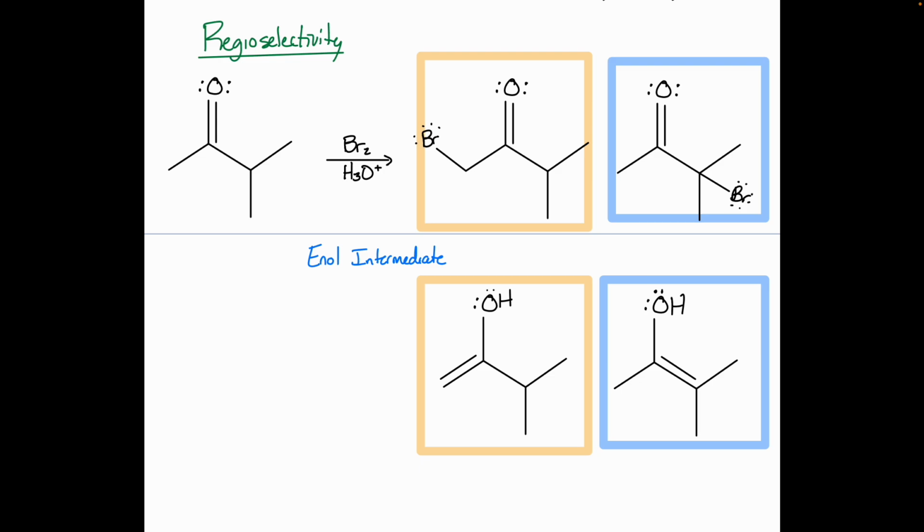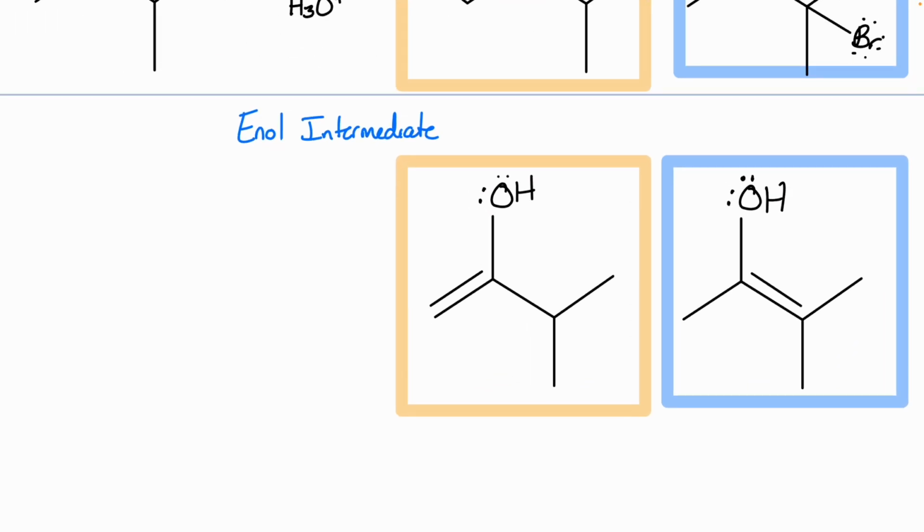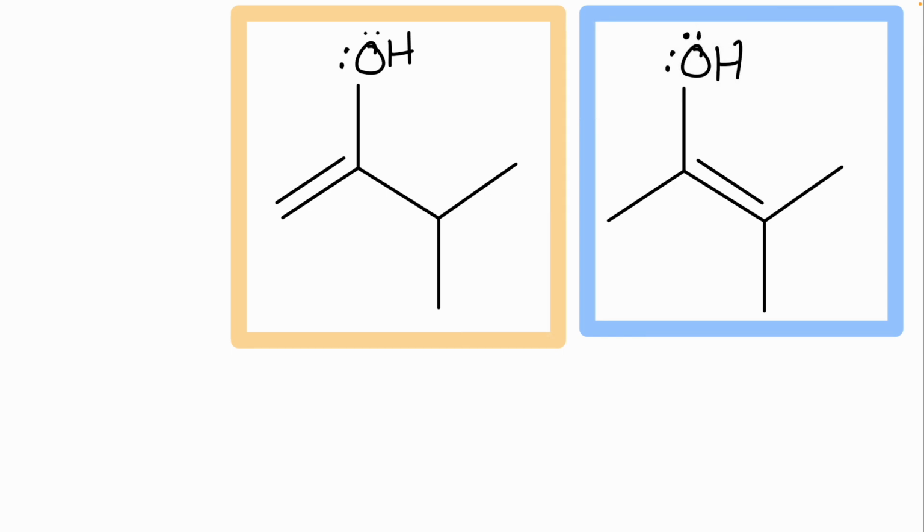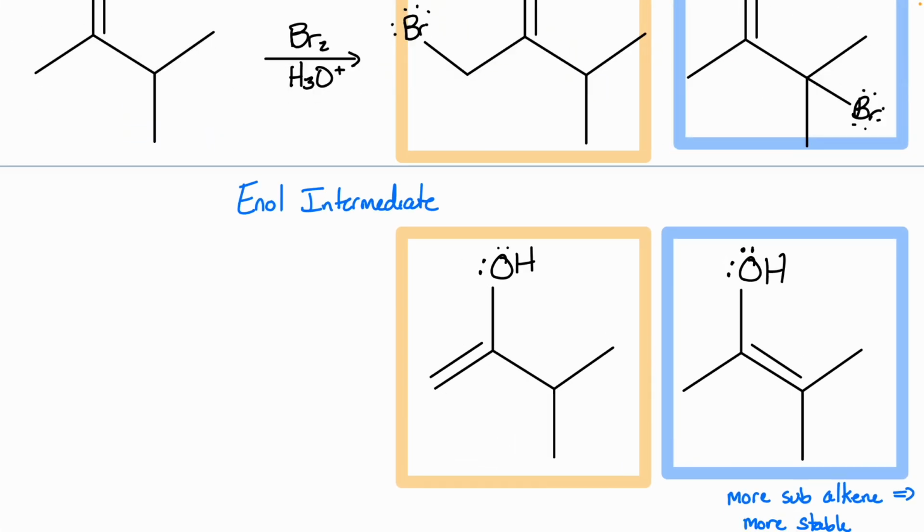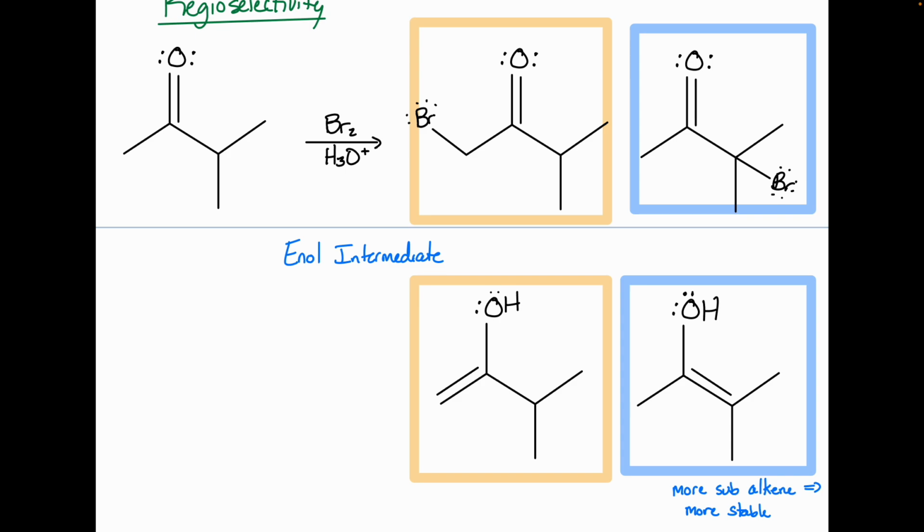So which one of these is going to be my more stable intermediate, the orange or the blue? The blue, and why is that? More substituted, right? So the more substituted alkene implies that it's more stable. All right, so we can see that our major product here will be where that bromine is added to that more substituted carbon. That's my more stable enol intermediate that will form.